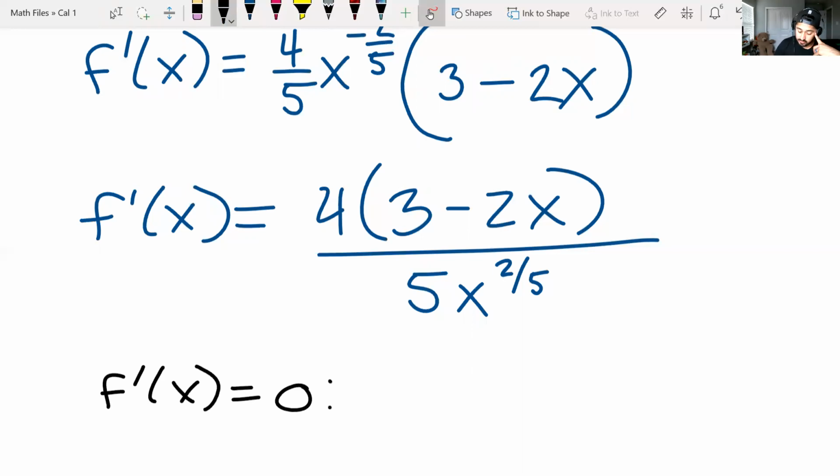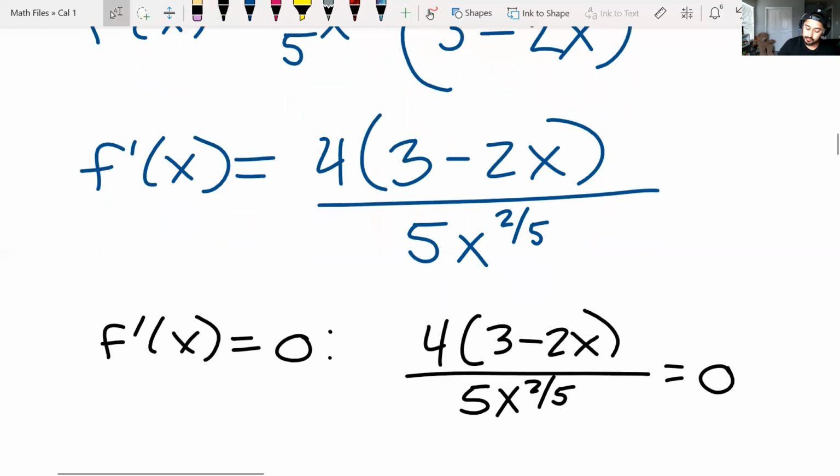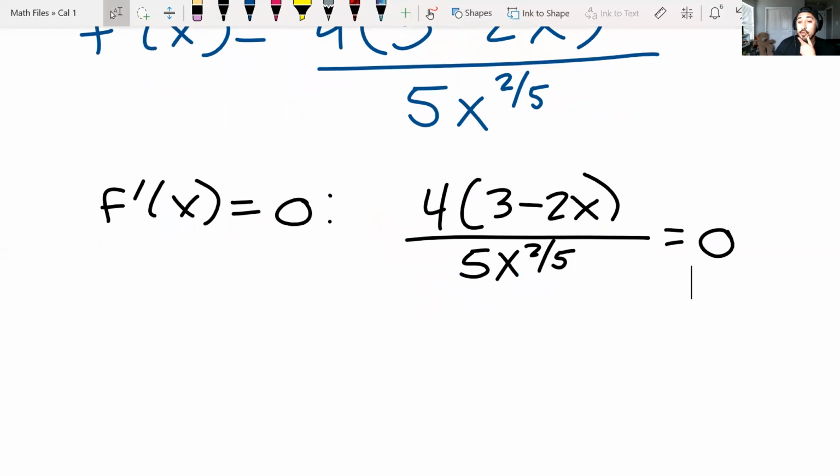This means we take this whole derivative, 4 times 3 minus 2x over 5x to the 2/5, and set it equal to 0. Since this is a rational equation, we want to get critical numbers from the numerator, and we want to get critical numbers from the denominator. So that's what we'll start with.